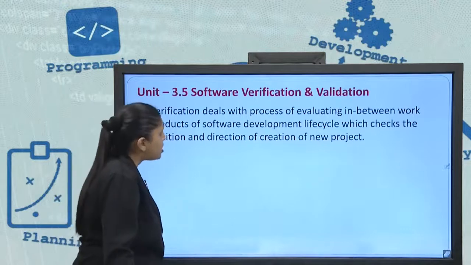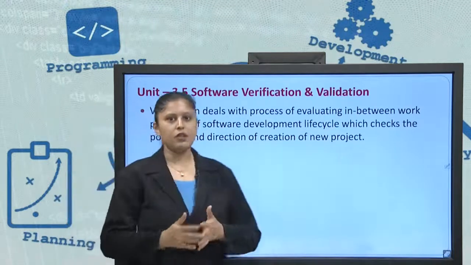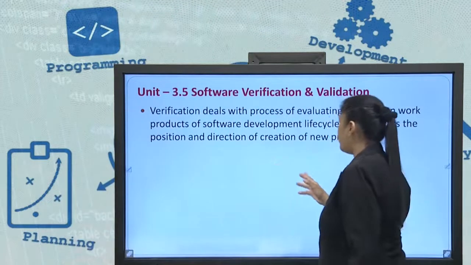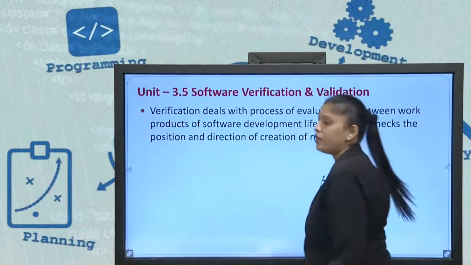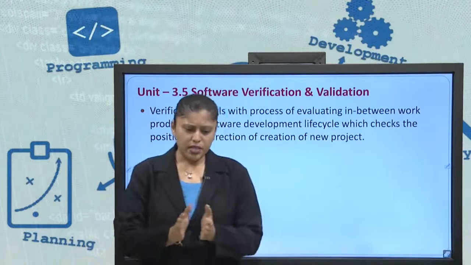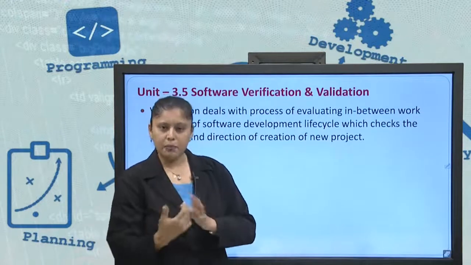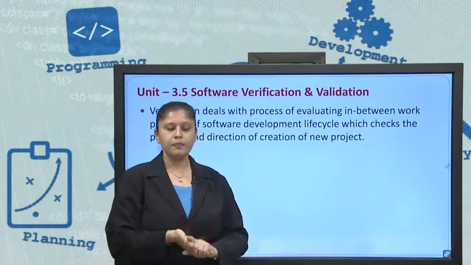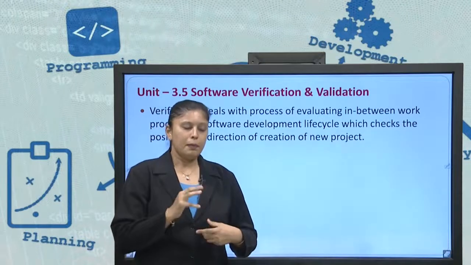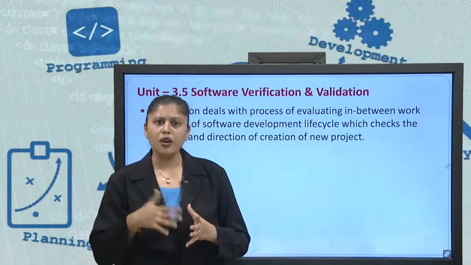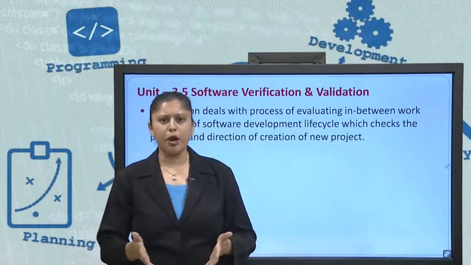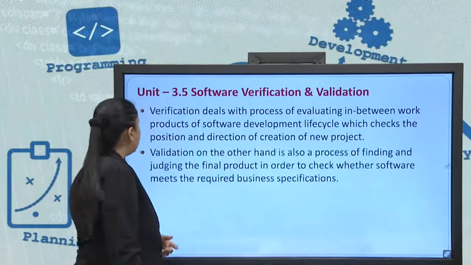Verification deals with the process of evaluating the work products in between the software development life cycle, which checks the position and direction of creation of a new project. So verification is done in between the project development, which checks whether the particular software which I am going to build is properly done or not.